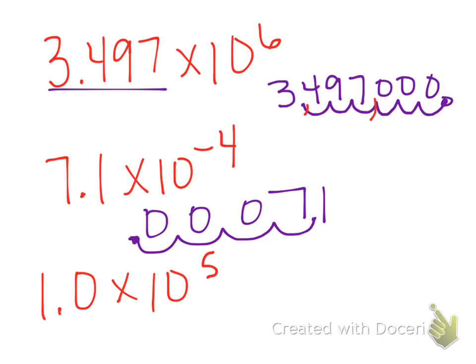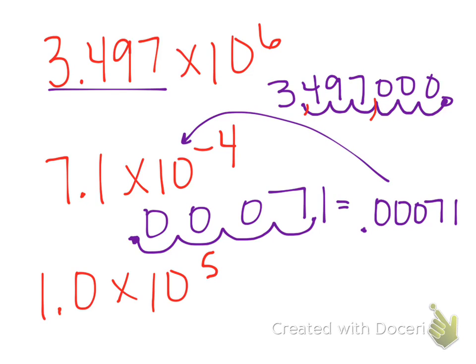So I put zeros behind it. If you add zeros on this side, that's going to make it bigger than 10, which is not what we want. Okay, so our final answer should have been 0.00071. That was the number we were trying to express with this scientific notation.